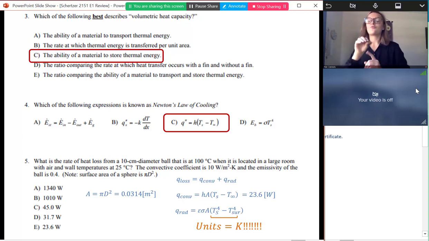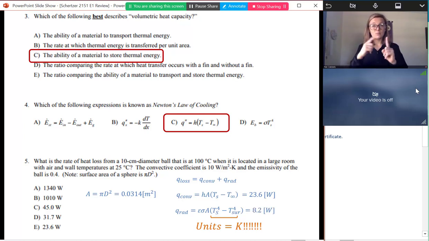But I also have to remember that anytime I'm talking about a temperature that's raised to a particular exponent, I can't use Celsius. I would get a very different answer if I took 0 to the power of 4 and if I took 273 to the power of 4. So I have to use absolute temperatures when I'm using the equations for radiation.